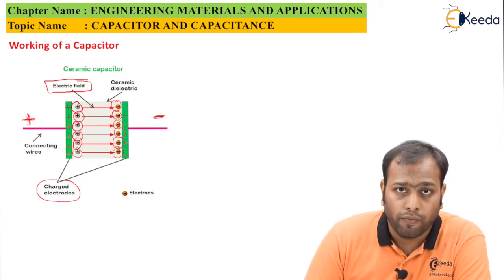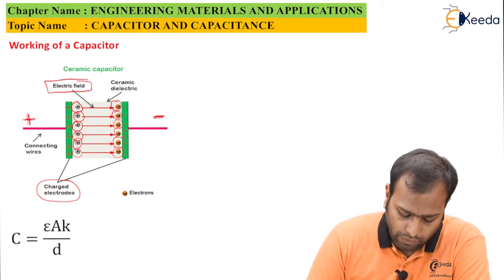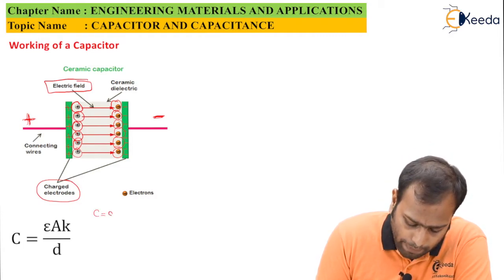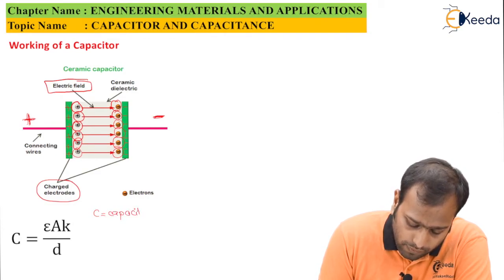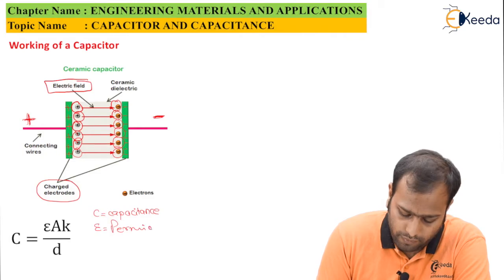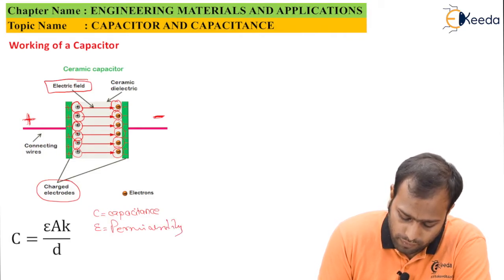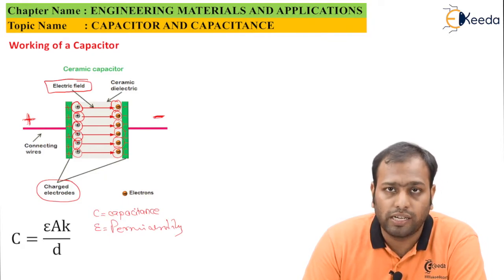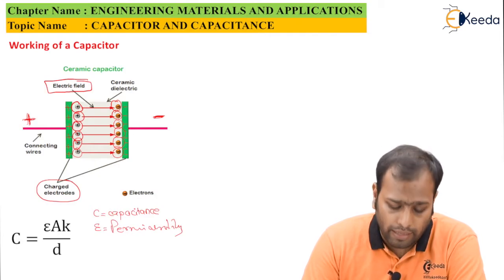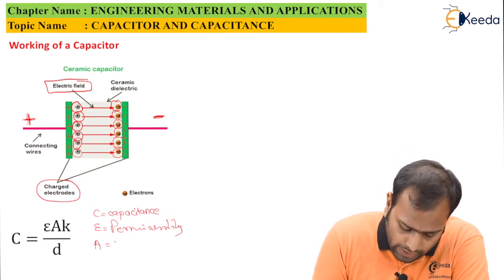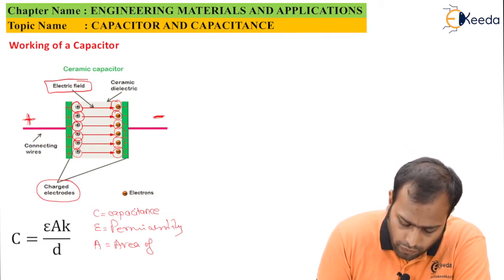Now, the formula for capacitance is given as C is equal to epsilon A K by D, where C is the capacitance, epsilon is the permittivity. Now what is permittivity? Well, it is a constant value which allows the electric field to traverse through a medium. A is the area of the metal plates.